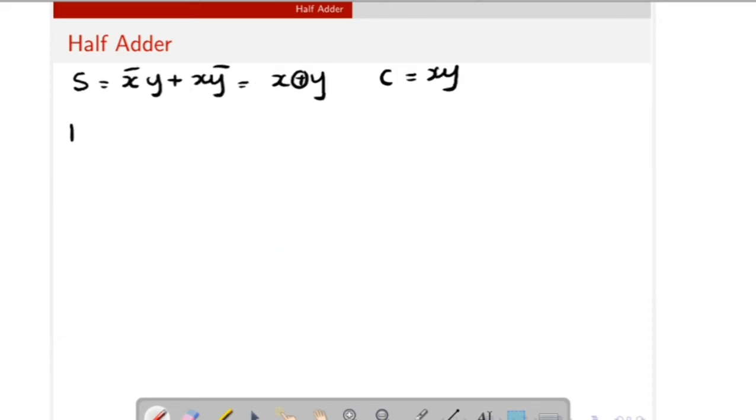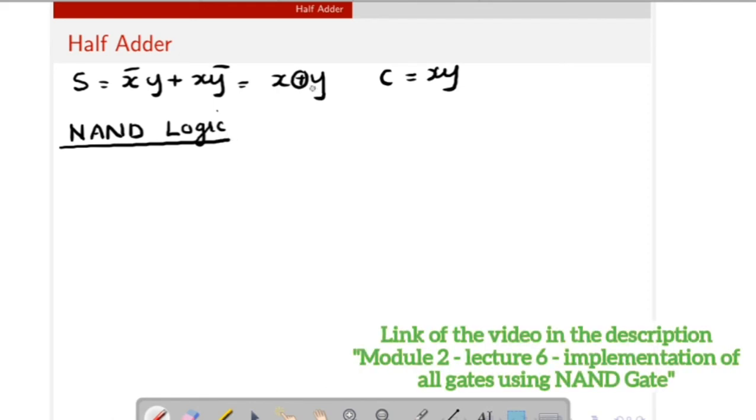Next we can implement half adder using universal gate, that is first using NAND logic. So here the sum expression is equal to x XOR y, and we know how to implement XOR gate using NAND logic. Refer to the video on implementation of all other gates using NAND logic for getting that expression.